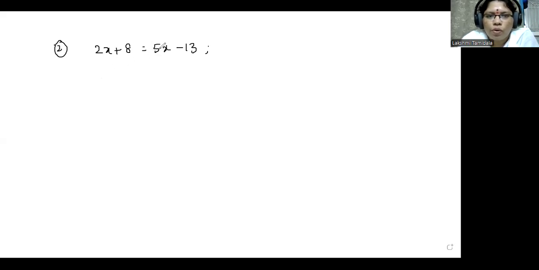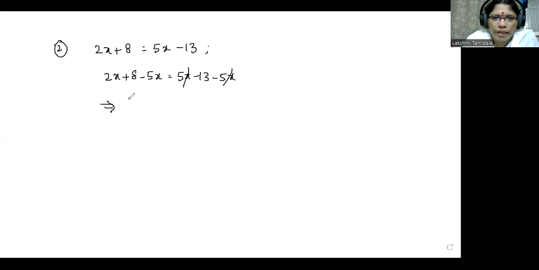So we have to get variables on only one side. We do that by subtracting 5x from both sides. This 5x and this 5x get cancelled. What we get is 2x - 5x, which is -3x + 8 = -13.